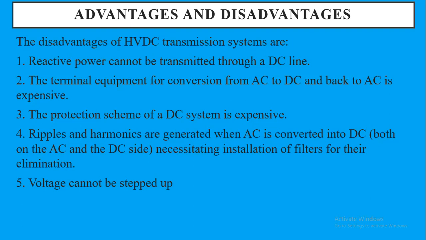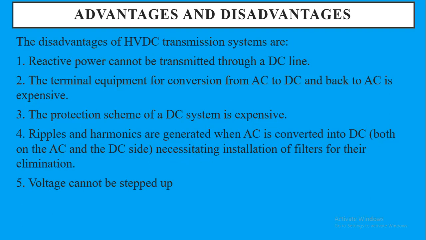After number three, ripples and harmonics are generated when AC is converted into DC, both on the AC and the DC side, necessitating installation of filters for their elimination. Number five, voltage cannot be stepped up in an HVDC system because there is no concept of a transformer in HVDC.